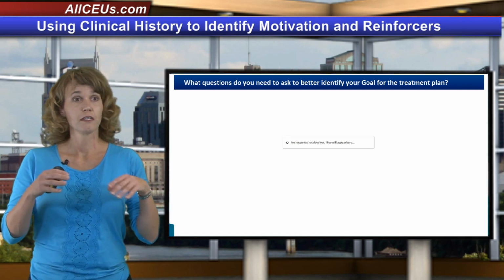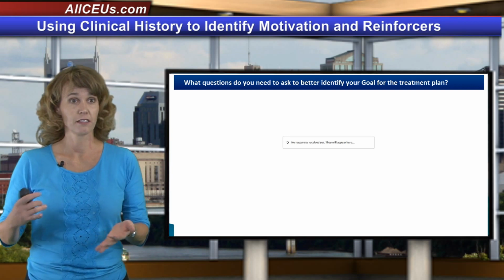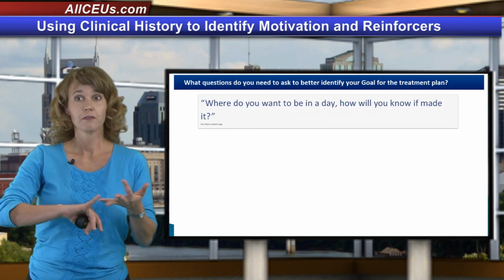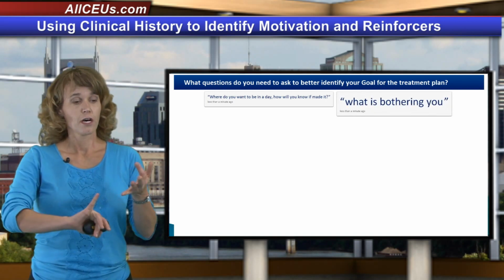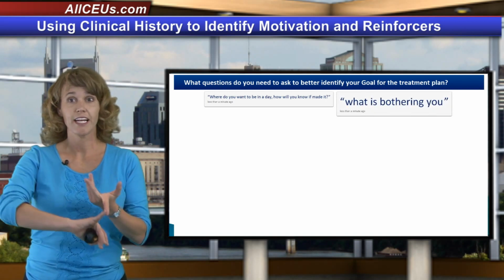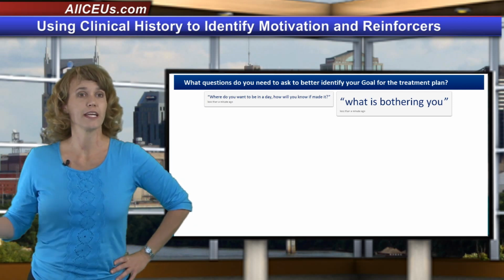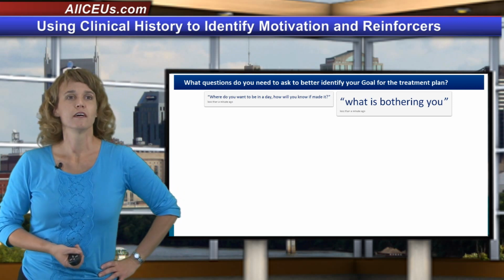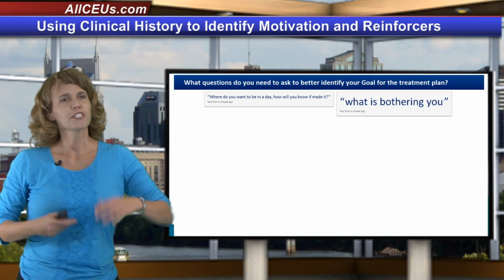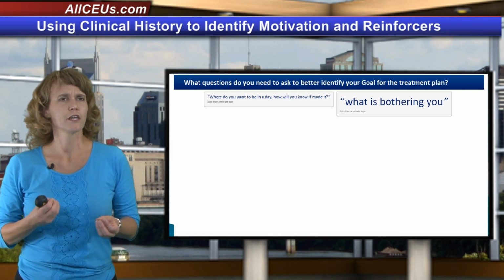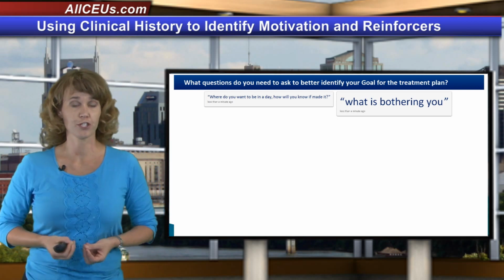Remember, good goals are what? Observable, measurable, time-limited, and achievable. So where do you want to be in a day, and how will you know if you made it? Okay, that's a good where do we want to go statement. So tell me a little bit more about what in particular about Johnny's behavior is causing you the most distress.